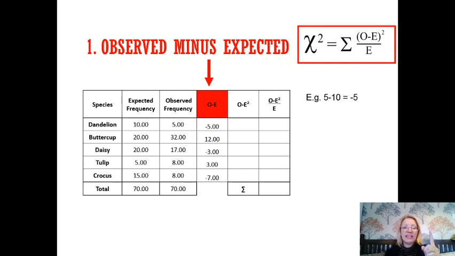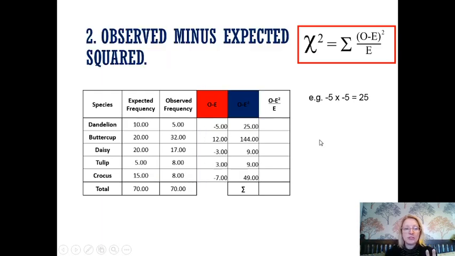Step one then is observed minus expected. So you can see here I've done the first one. So we've done 5 minus 10, which gives you minus 5. And I've done that for each of these then. So we've got each of these values by doing observed minus the expected there. Step two then. Observed minus expected squared. So I've squared each of these figures.